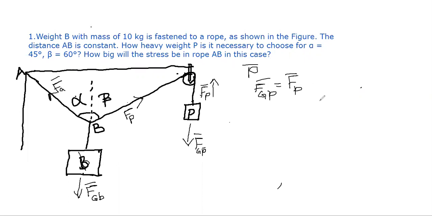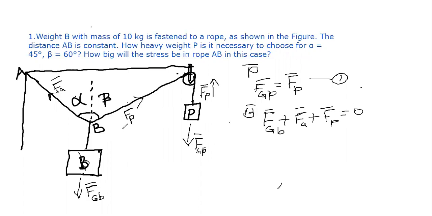Let us call this equation number 1. And for B, we have FGB plus FA plus FP is equal to 0, right? Because the system is not moving, the system is stable, so the resultant force is 0. So FGB plus FP plus FA is equal to 0. Let us call this equation number 2.